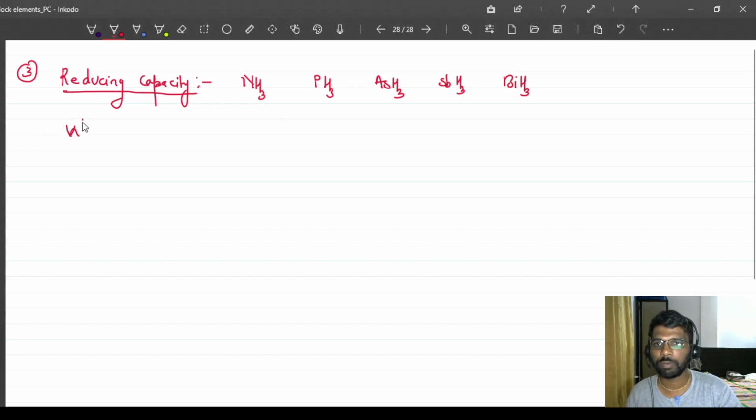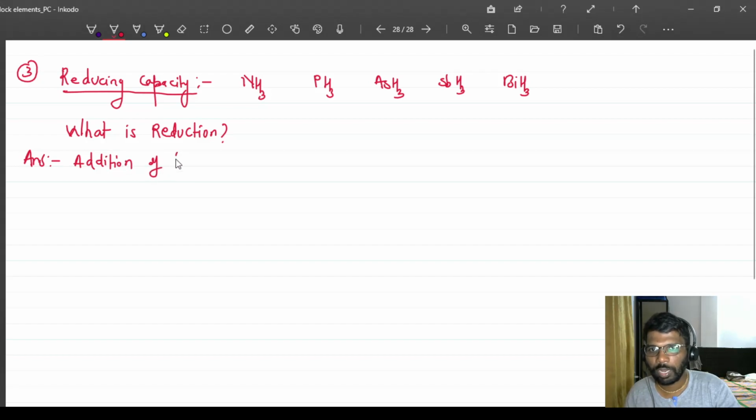Now, what is reduction? The answer is very simple. One answer is removal of oxygen, but here one of the answers is addition of hydrogen. Let's say ammonia is acting as a reducing agent.